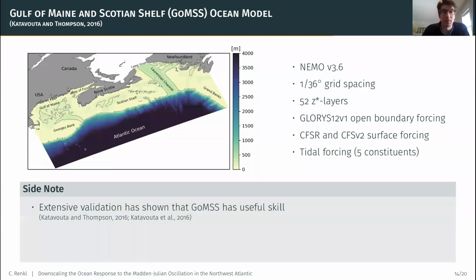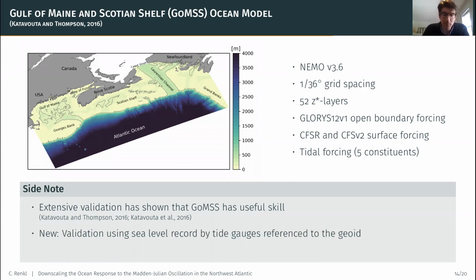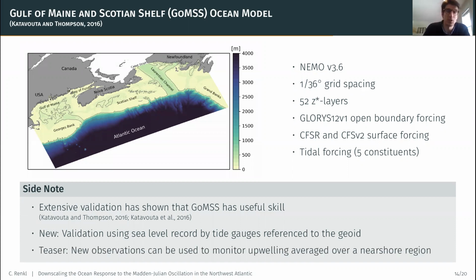Just one side note on the model validation. This model has undergone extensive validation, and Anna has shown that GOMS has useful skill. In my thesis, I added to the validation using new sea level records by tide gauges, which are referenced to the geoid. As a little teaser, I'm not going to talk about that today.